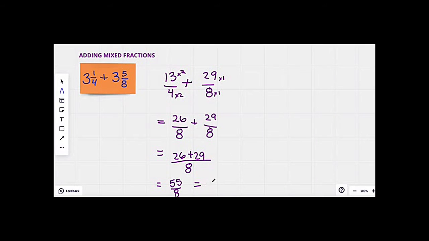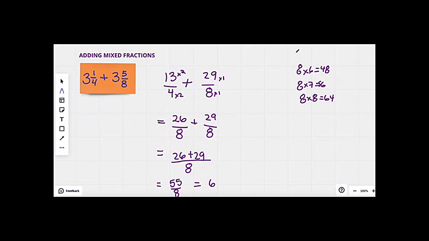The closest number in the 8 times table to 55 is a 6. Let's go on the side right here so that we show how we did that. 8 times 6 equals 48. 8 times 7 is 56. 8 times 8 is 64.